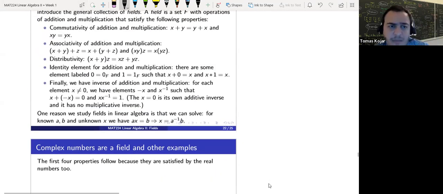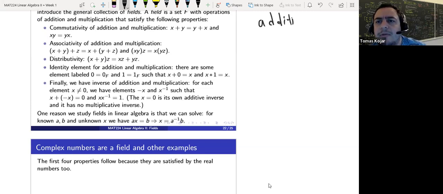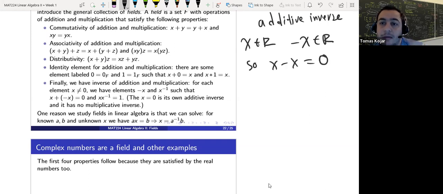So first, let's do it for the reals, right? So additive inverse is easy for the reals and complex. If you have a real number X, then you just add minus X, which is still in the reals, and X minus X is 0.